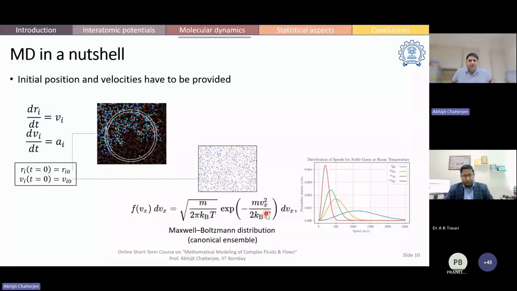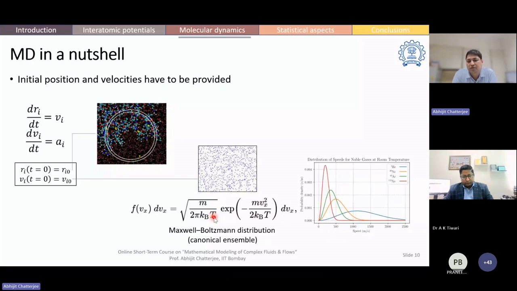Okay. So as far as selecting the initial velocities is concerned, we make use of something called the Maxwell-Boltzmann distribution, which comes from statistical mechanics or statistical thermodynamics, which says that the velocities of particles are distributed as shown here. The distribution depends on the mass of the particles and the temperature.